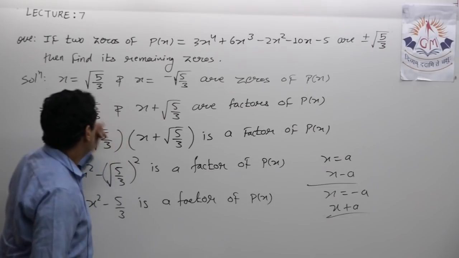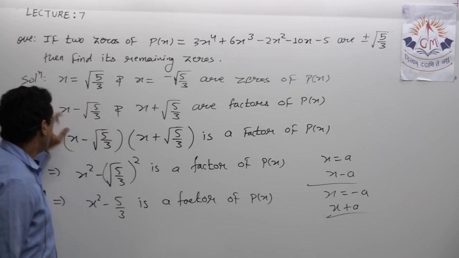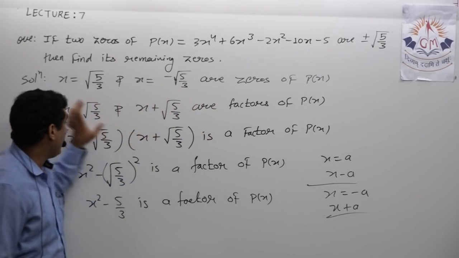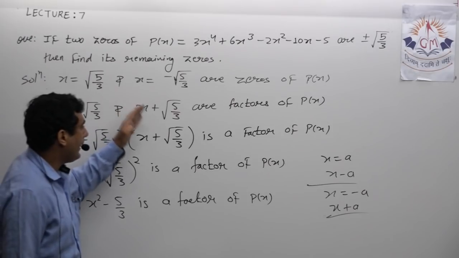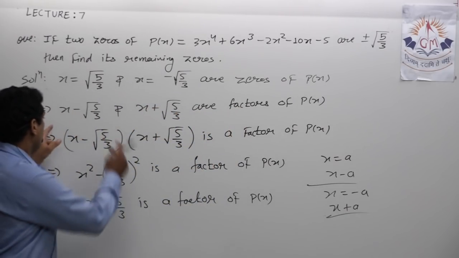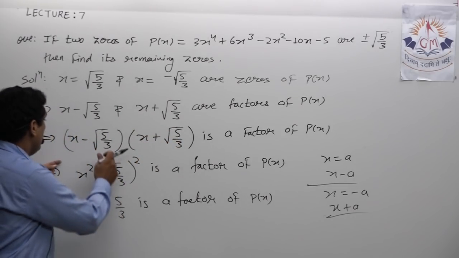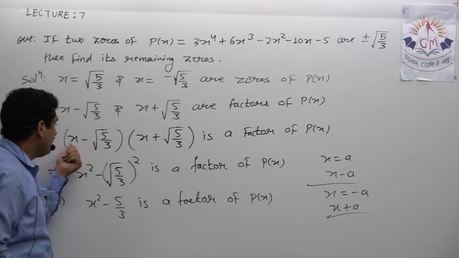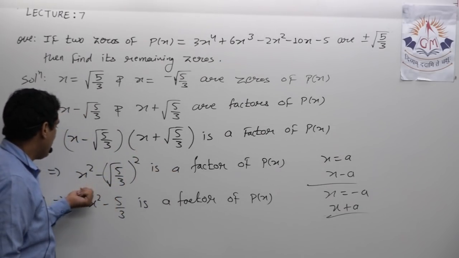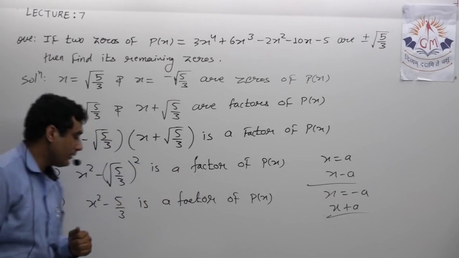Using the same concept, I got that x minus root 5 by 3 and x plus root 5 by 3 are factors of p(x). As these two are factors, their product must be a factor. Now here I applied the identity (a minus b)(a plus b) equals a square minus b square, so x square minus 5 by 3 is a factor of p(x).